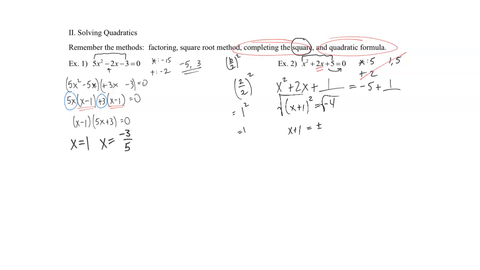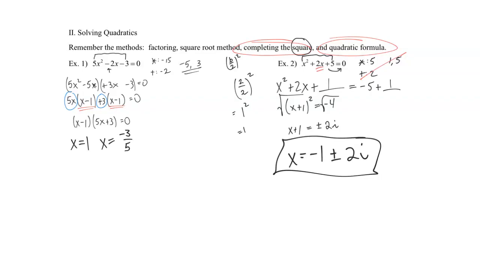Well, the square root of 4 is 2, and since there is a negative underneath the radical, I'm going to have the imaginary unit, which we call i, and we're going to talk more about that a little bit later on in the notes. And so then finally, what would I do? I would get x by itself by subtracting 1 from both sides, and so that would be negative 1 plus or minus 2i. And if you use quadratic formula, you would end up with the same answer as well.